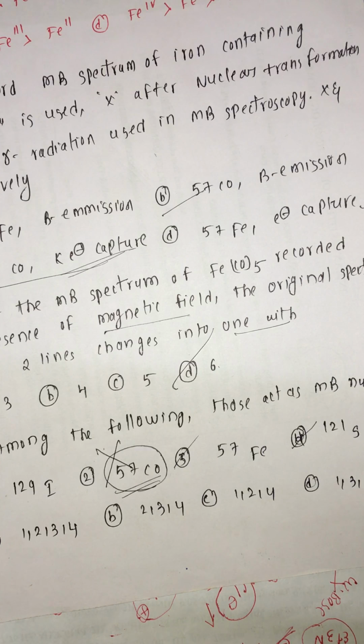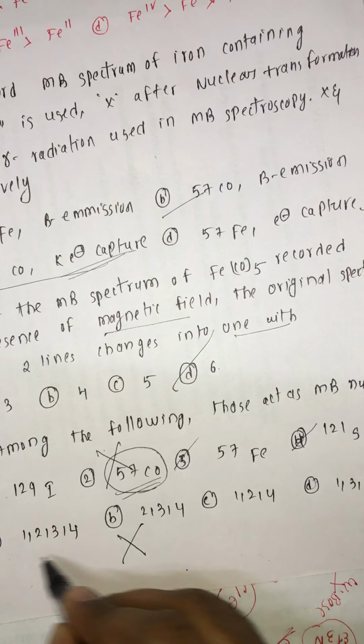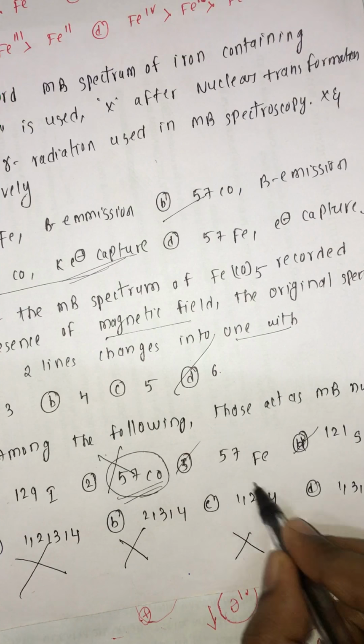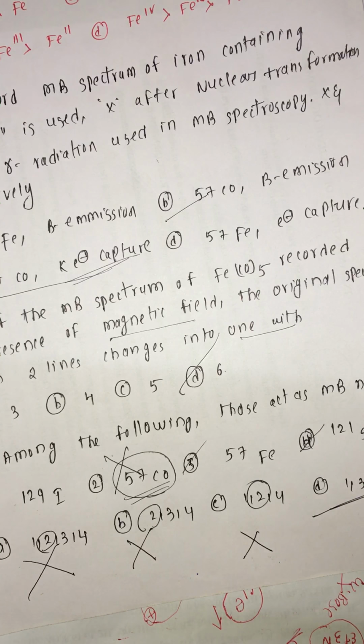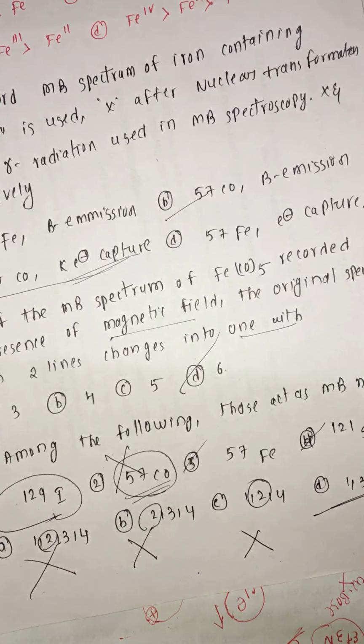So by the elimination method we can remove the options containing it, because in every one of them cobalt-57 is there. We use it as a source, but it cannot be a Mössbauer active nucleus. The only option left is this one. Iodine-129 is also active in the Mössbauer spectrum.